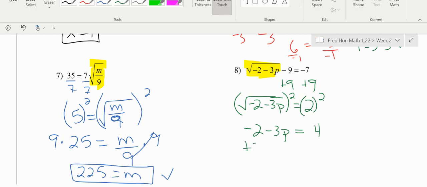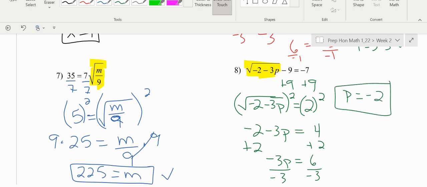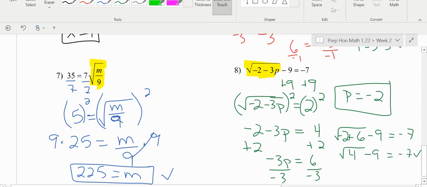We're going to add 2, divide by -3. So P would be -2. And then we would go ahead and just check that it actually works, right? So -3 times -2 would be +6. And it actually does check out. And then that would be it.